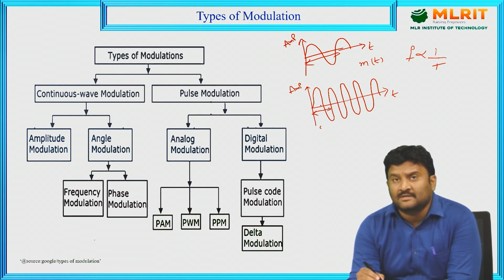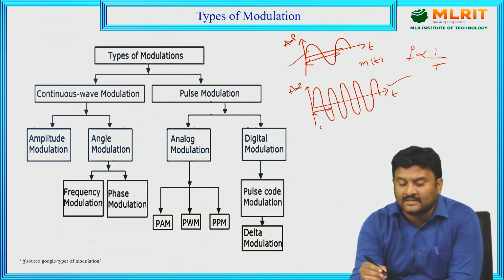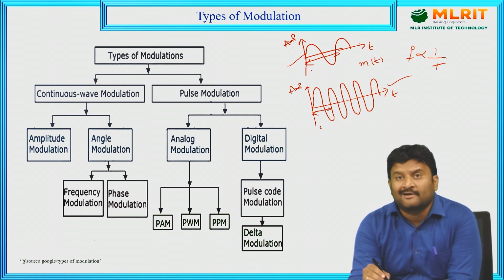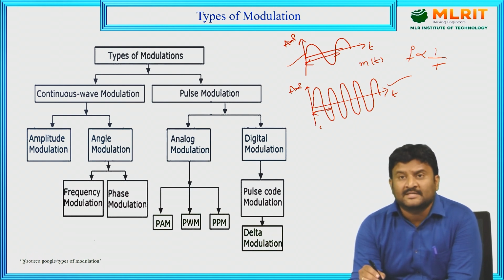Therefore, high frequency signal representation is like this and the low frequency signal representation is like this. So, as per the definition of the modulation process, the high frequency carrier signal is varied according to instantaneous values of the message signal. Observe here, the high frequency signal does not contain any information, but the message signal contains the information.